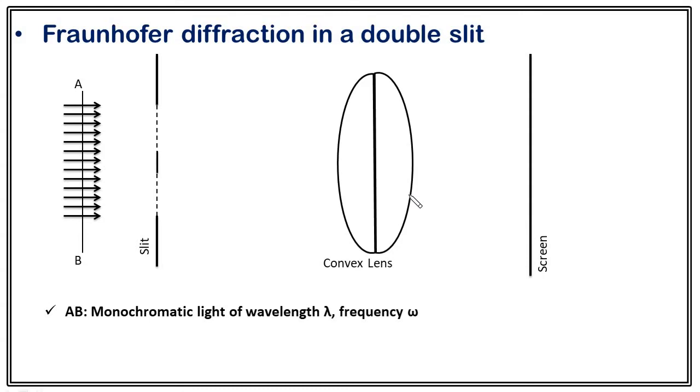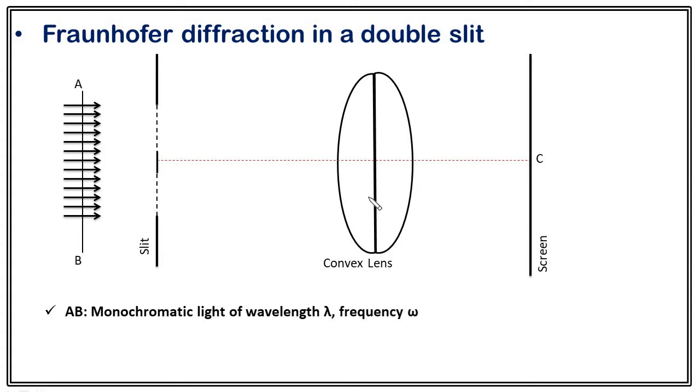And to place the screen at infinity, we can place a convex lens in between the slit and screen such that the screen will be at the focal plane of this convex lens. In that way, we can ensure that incident light coming from left to right will see this screen at infinite distance.